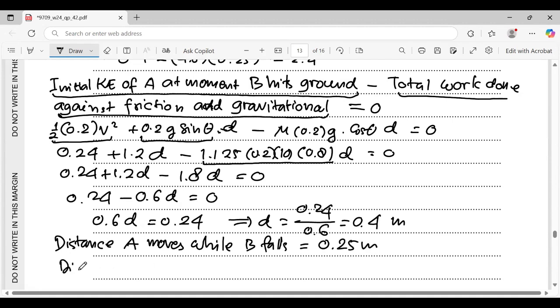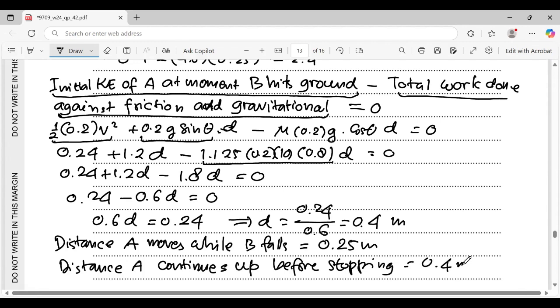And the distance A continues upward before stopping is 0.4 meters.